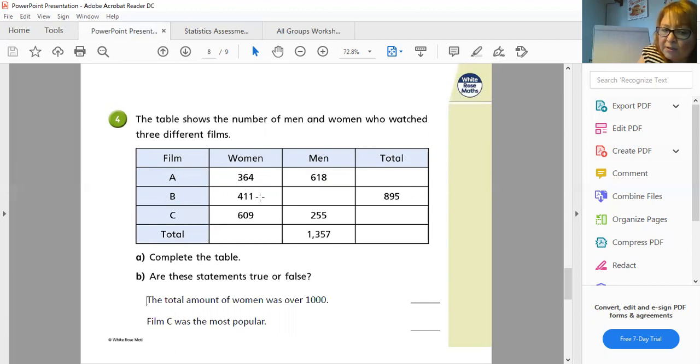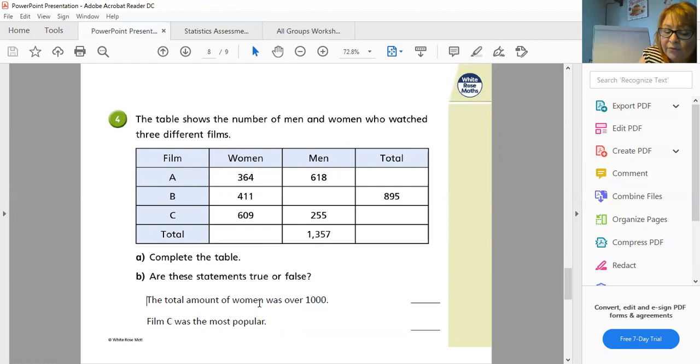So you need to do a subtraction, the smallest number from the biggest number, to work out the men. Okay. Film C, you add the 2 together to find the total. And then you need to add the 3 numbers together to find the total here. You've got to subtract, well, you'll have this one, so that one will be done for you. And then this one, add them together.